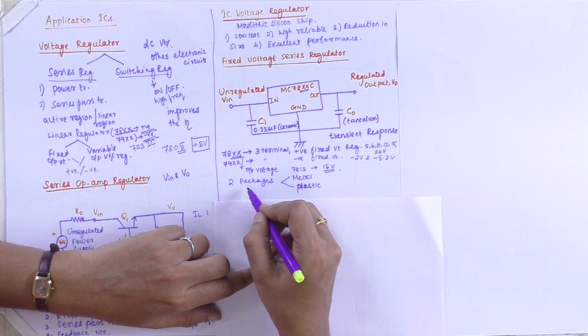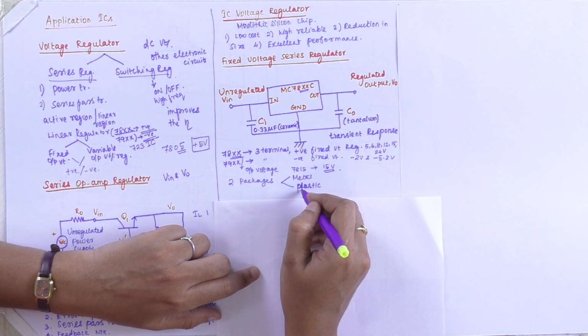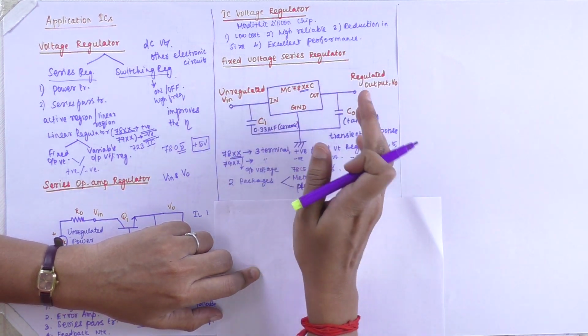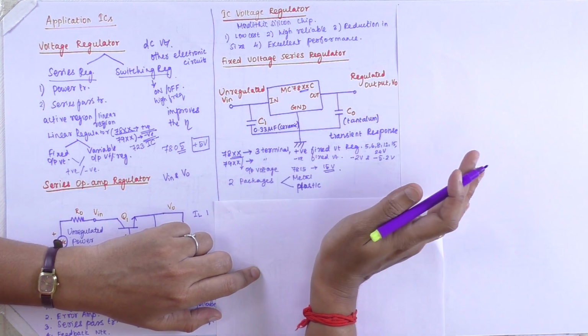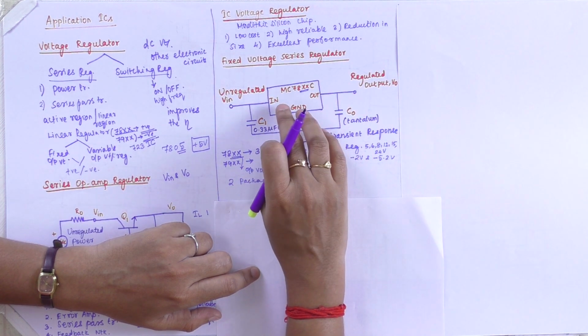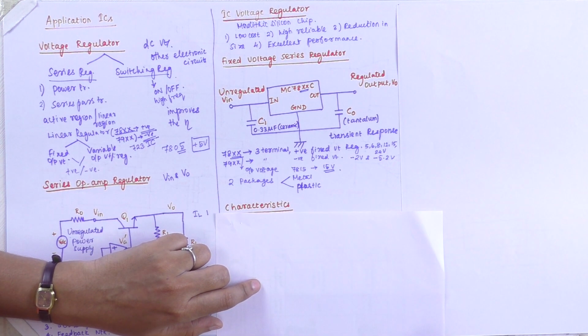So these 2 types of packages, metal and plastic, are used. And the standard representation of these 3-terminal regulators has capacitor C0 connected between the output and ground, and here it is connected between the input and ground. That's the fixed voltage regulator.